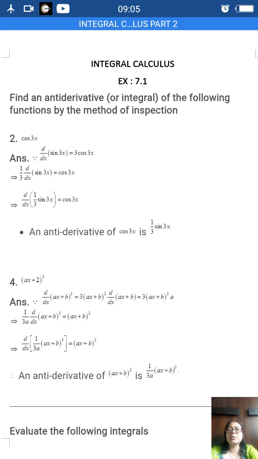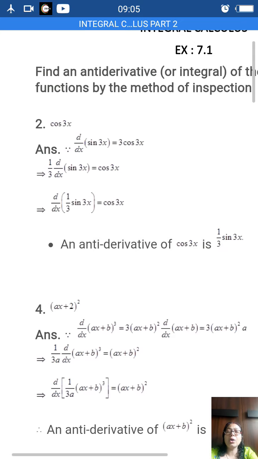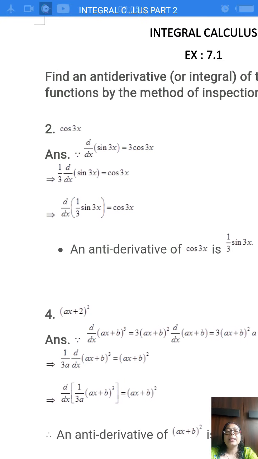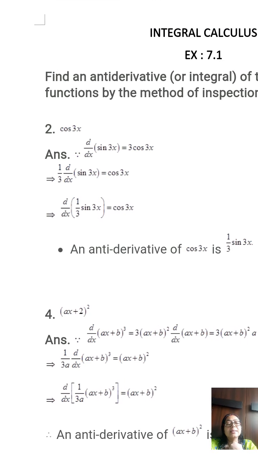So the first question, let us see. Find an antiderivative of the following functions by the method of inspection. First question is cos 3x. Now we know that the derivative of sine is cos. So d/dx of sine 3x, if we consider, will be 3 cos 3x.